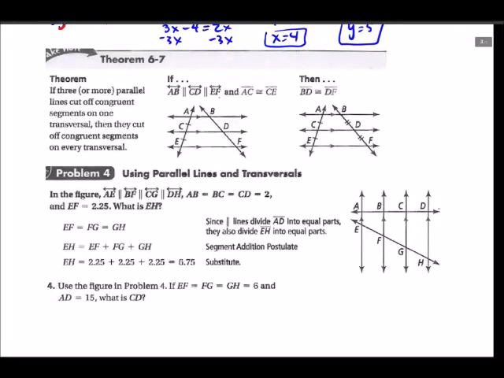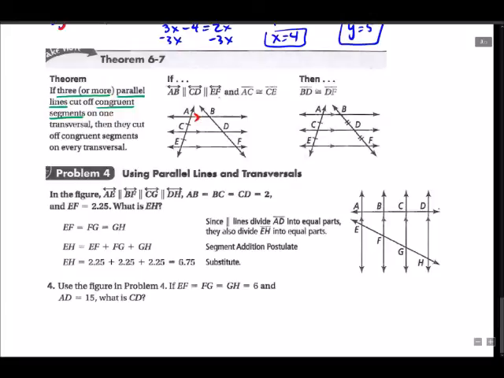Our last theorem here is a little bit off the beaten path, and it looks like some stuff we've done before. This says if 3 or more parallel lines cut off congruent segments on a transversal, so let's look here.